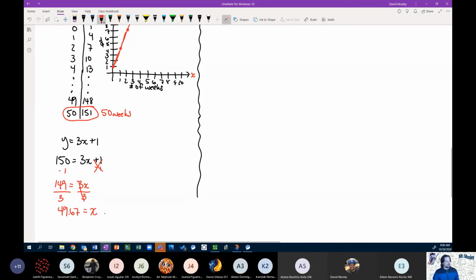We get the decimal 49.67 approximately. It is 49 2/3, which means it will take 50 weeks. 49 weeks, again, is not enough. So we end up with the same solution: it takes 50 weeks.